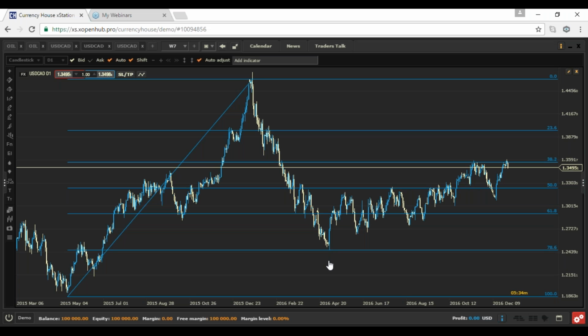Right after April of 2016, we definitely see a strong daily uptrend, and now we have a second attempt to break the 38.2% retracement level from this huge movement. And I will tell you that usually the third attempt is much more successful.